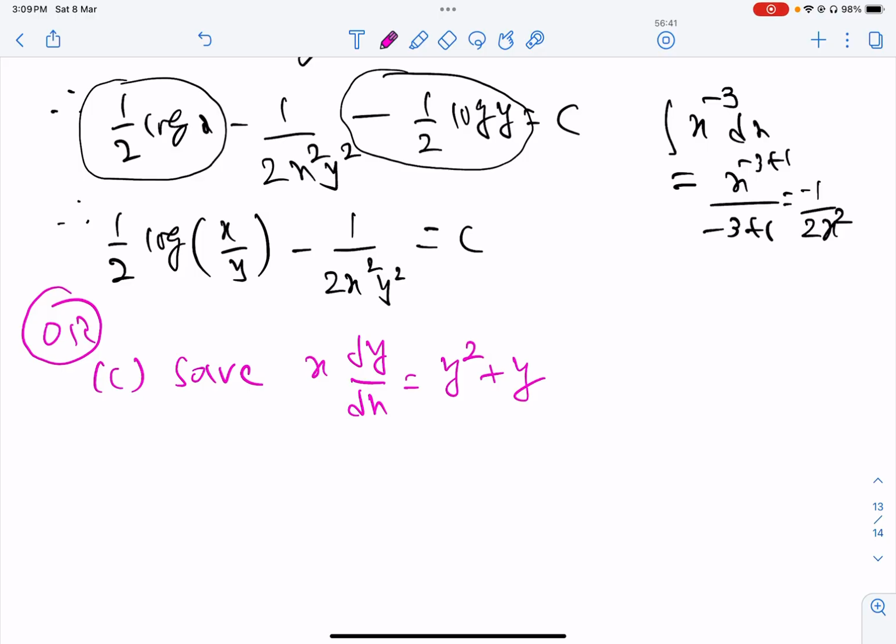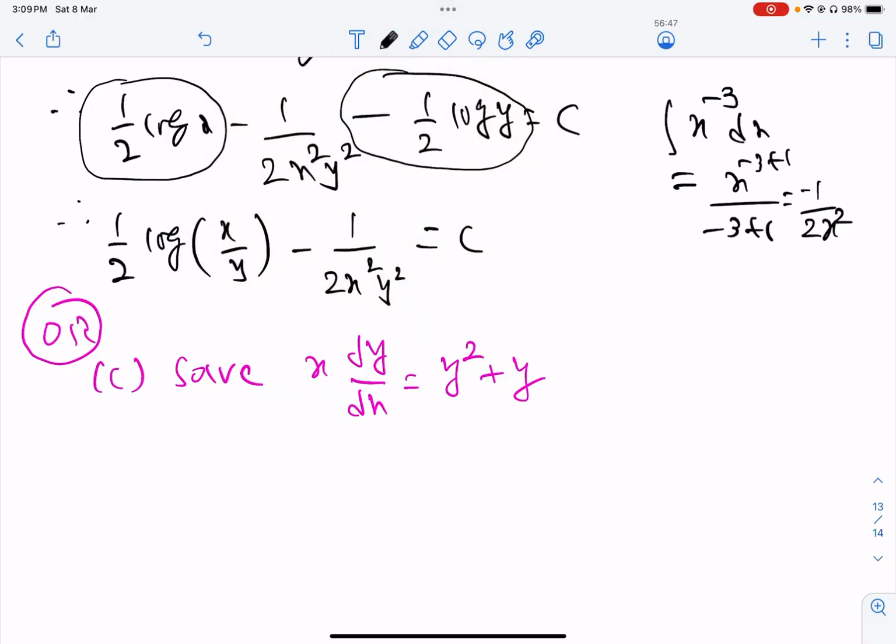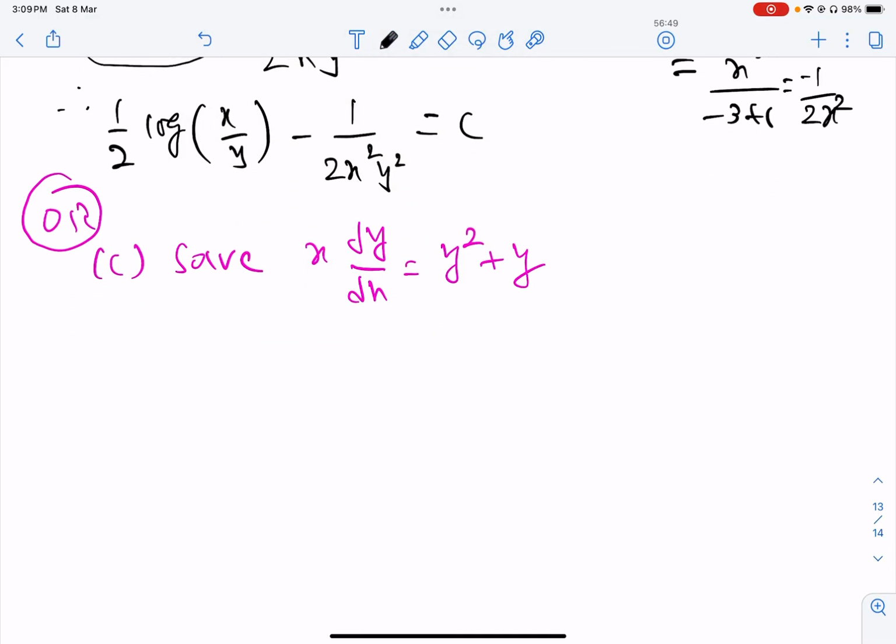So this is a differential equation which is a Bernoulli equation. Let us see how it is. So here you have x dy by dx equal to y square plus y.